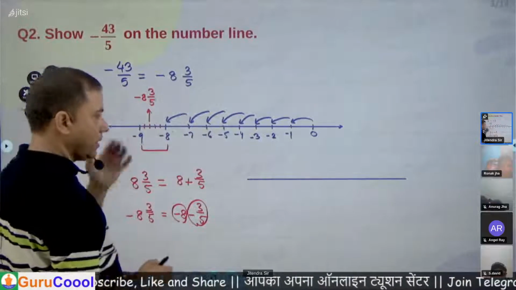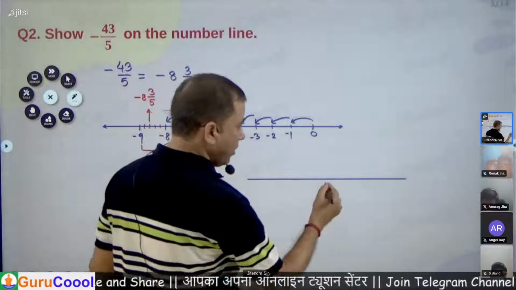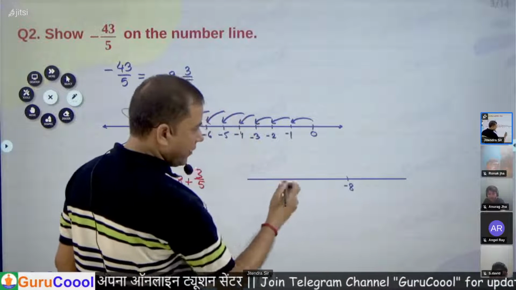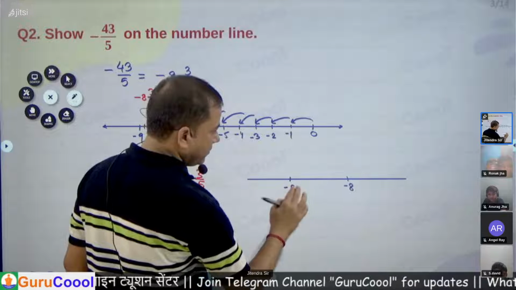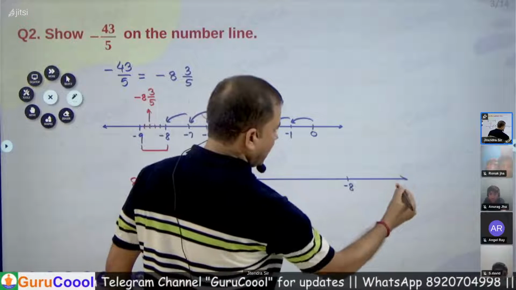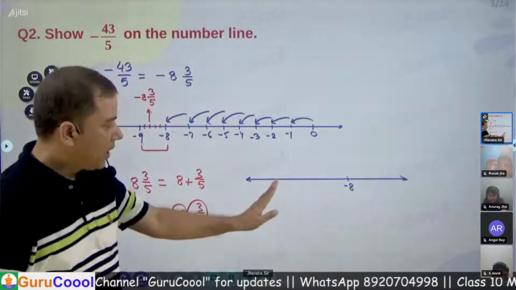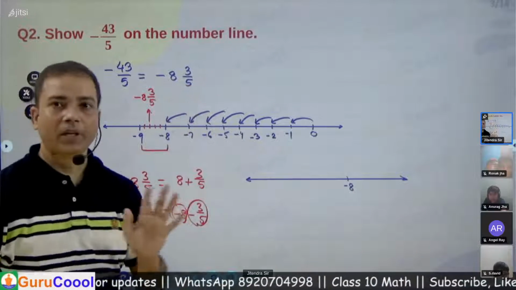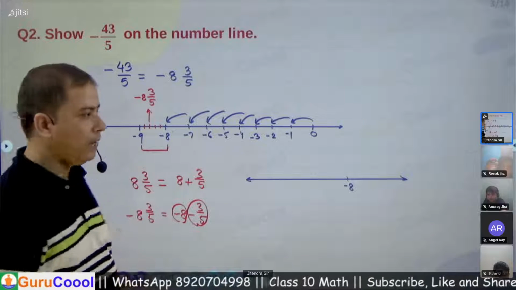-8 and -9. So don't write all the numbers, just take -8 here, and on the left side take -9. Somewhere take -9, and before taking the -9, make the denominator 5, so make 5 equal parts.